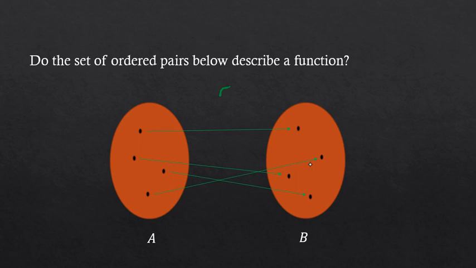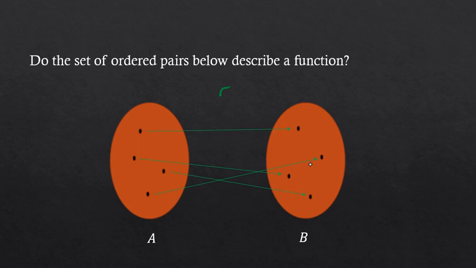So, does this map here describe a function? Well, again, we have a function if each input is sent to only one output. If we have one input being sent to two different outputs, then that is not a function.